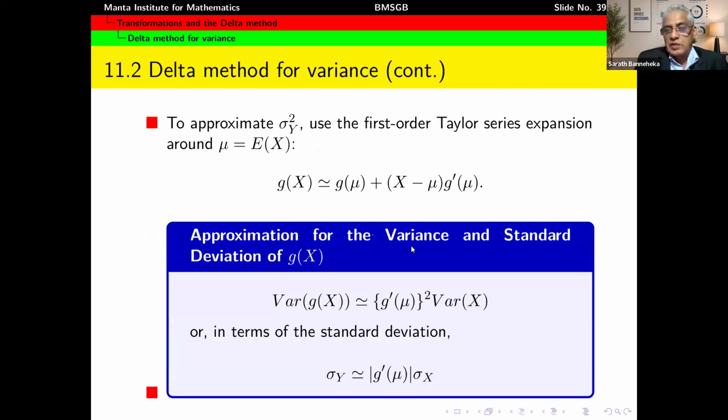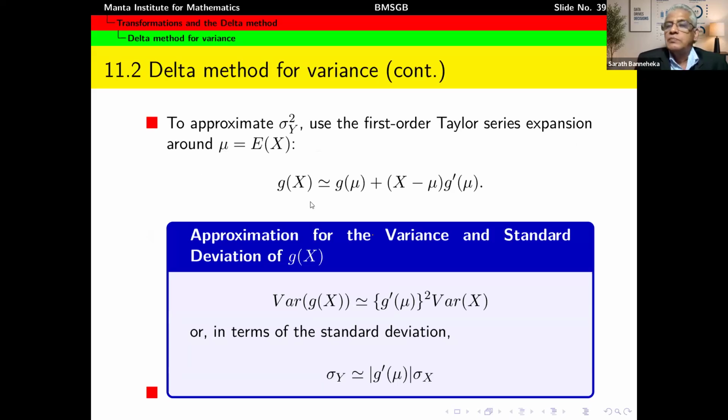So to approximate the variance of y, or the variance of g(x), we first consider the Taylor expansion of g(x) around the mean of x. Suppose the expected value of x is mu, right?